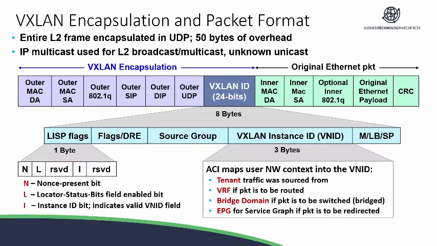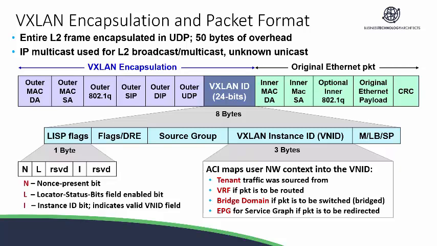That 8-byte VXLAN header consists of a 24-bit VXLAN instance ID, or VNID, and it has a few reserved bits. But the VXLAN header, together with the original Ethernet frame, goes into a UDP payload. The 24-bit virtual network ID allows VXLAN to support 16 million LAN segments. It's also an approach to building a multi-tenant data center by decoupling tenant Layer 2 networks from the shared transport network.